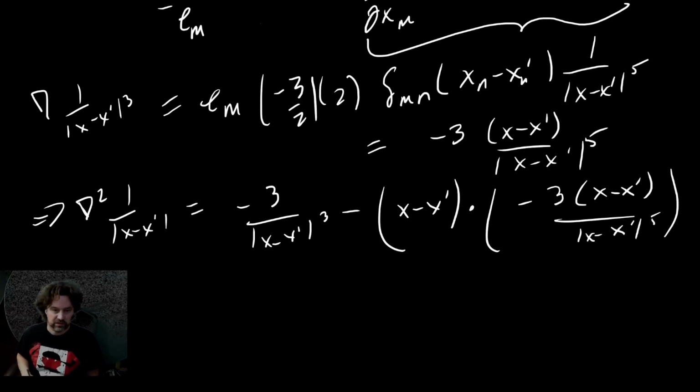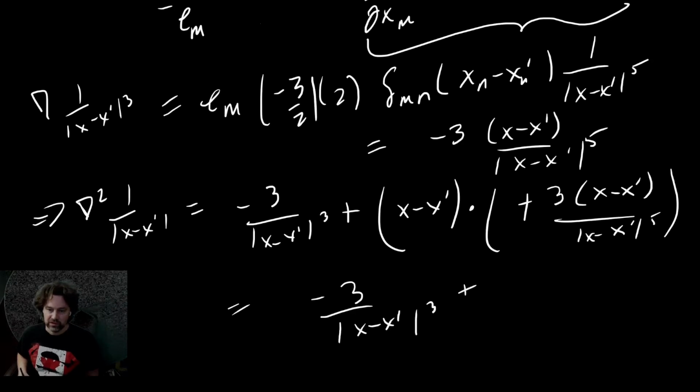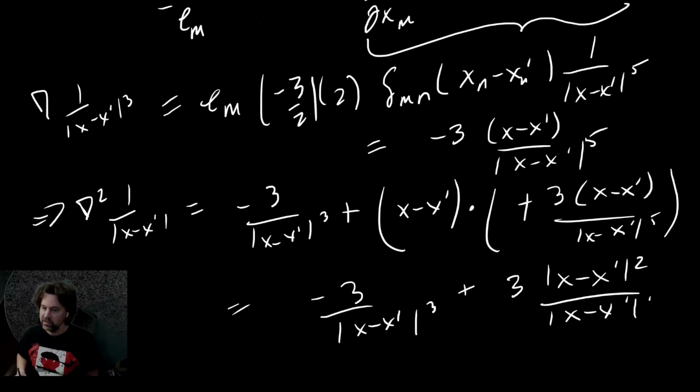All right, so the minuses obliterate each other, and we are left with minus 3 over |x minus x prime| cubed plus 3 |x minus x prime| squared over |x minus x prime| to the fifth.